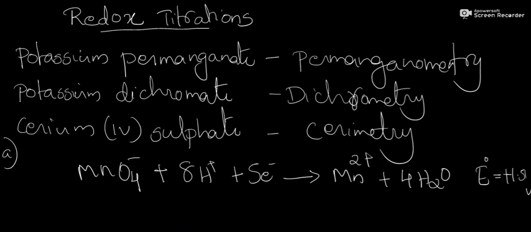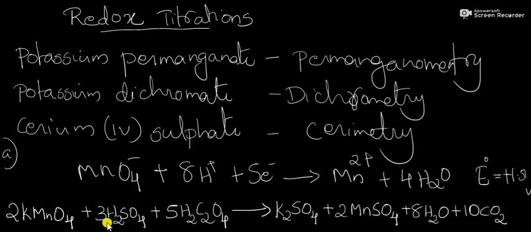as an indicator. For example, hot oxalic acid, H2C2O4, can be titrated against KMnO4 in the presence of dilute sulfuric acid, which can be represented by this equation. 2 moles of KMnO4 reacts with 3 moles of H2SO4 plus 5 moles of oxalic acid to give K2SO4 plus 2 moles of MnSO4 plus 8 moles of water plus 10 moles of carbon dioxide.